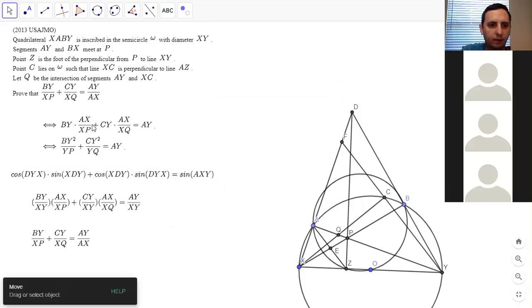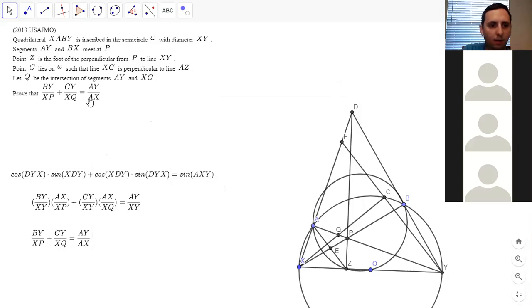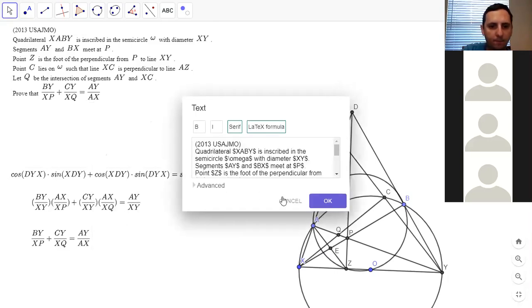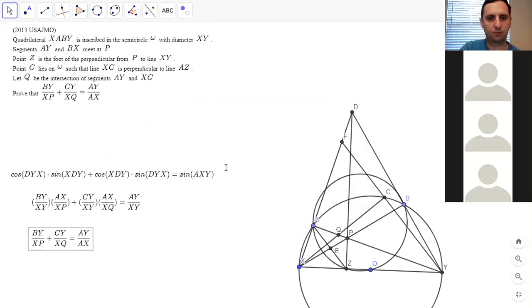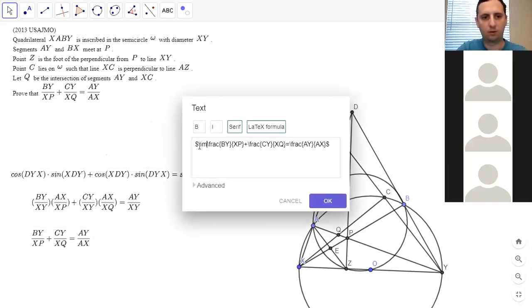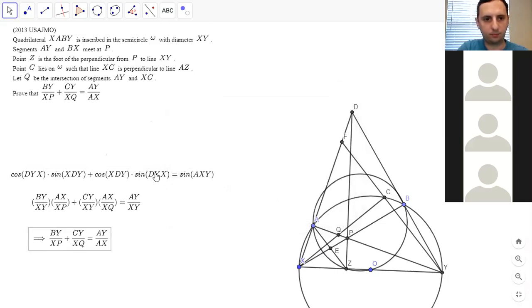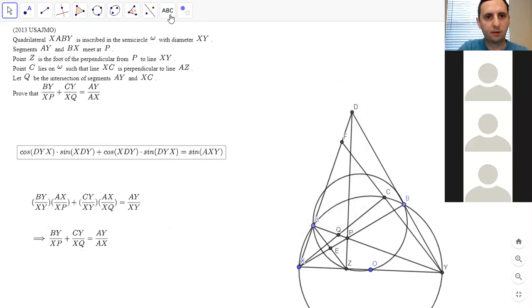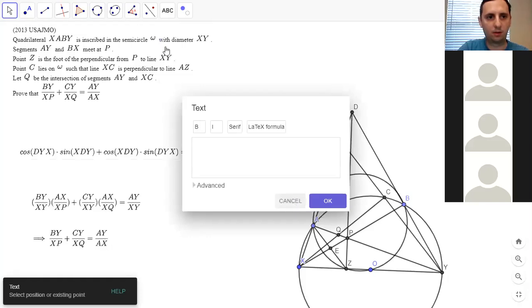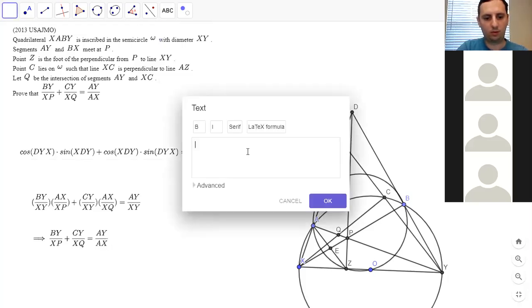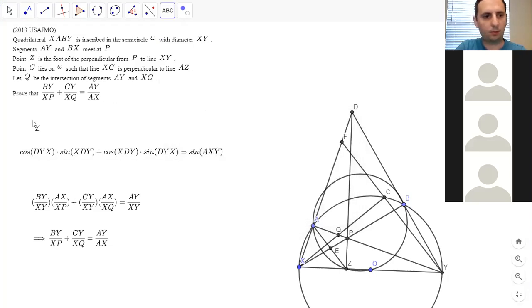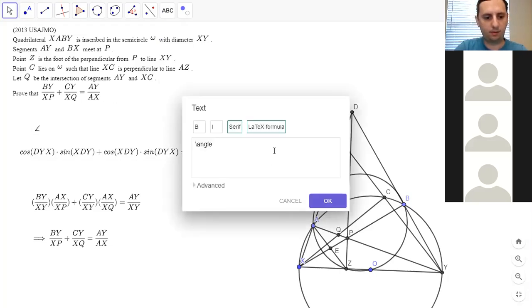So yeah, I'm going to delete this. So we have angle AXY is 180 minus angle DYX minus angle XDY.